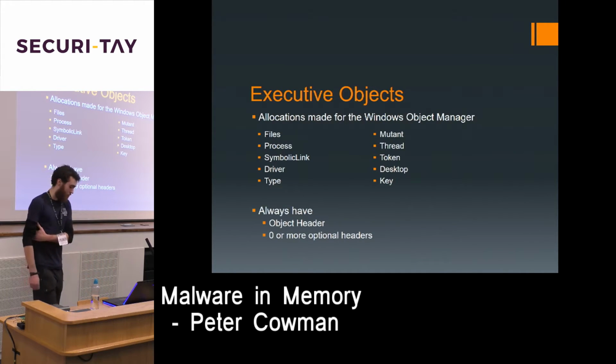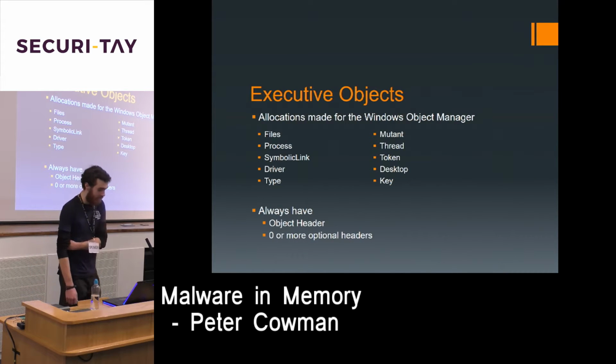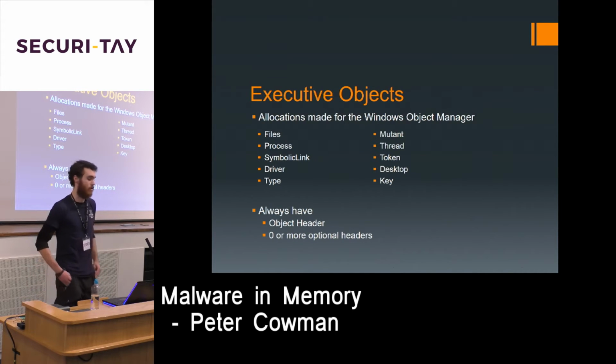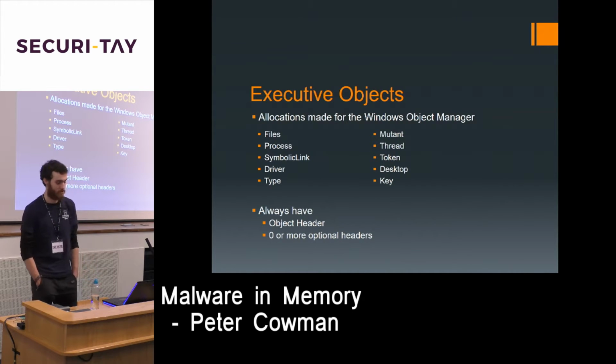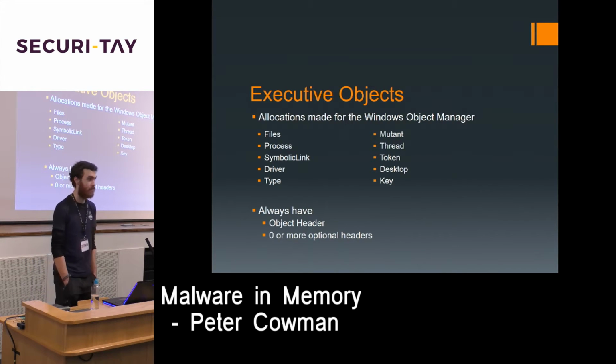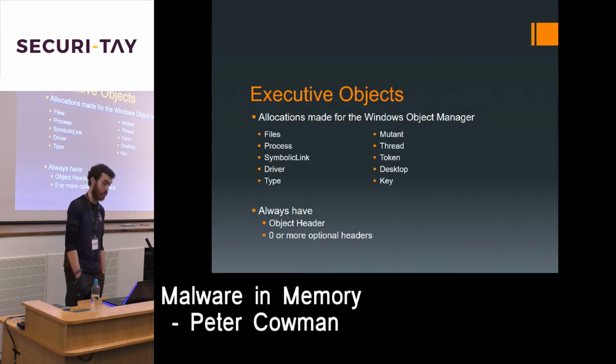So executive objects are basically objects, but in kernel memory. They're objects like int, file handles, pretty much anything that you'd normally have in a program, but they are managed by the Windows object manager. So they are given special headers within the kernel pools to allow Windows to handle them more easily.